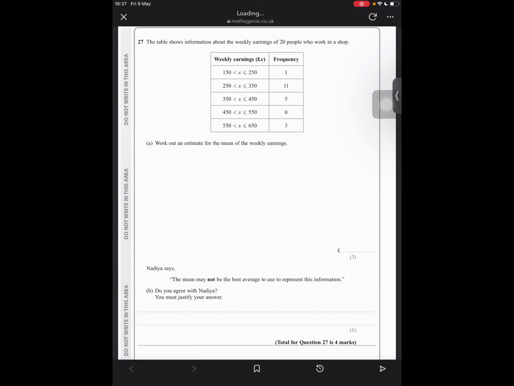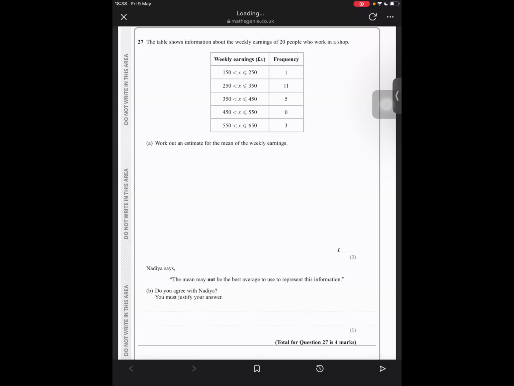With that in mind, I can now work out the rest. For the first one, the midpoint is 200. For the second one, the midpoint is 300. For the third, 400. For the fourth, 500. And for the fifth, 600. Do you agree with my steps so far? Yes.